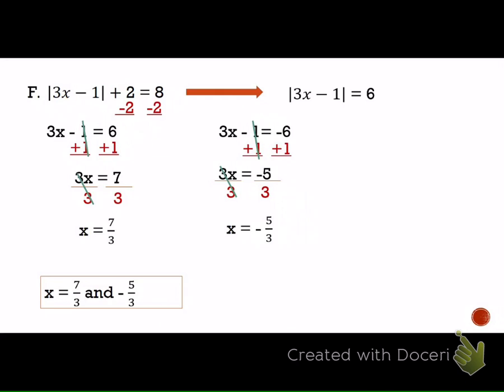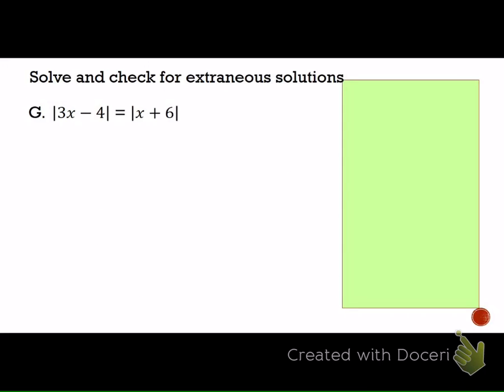I'm glad we stopped and checked because anytime you have variables on both sides and you're doing the absolute value, it might not check out. So we've been sort of casually checking our work.